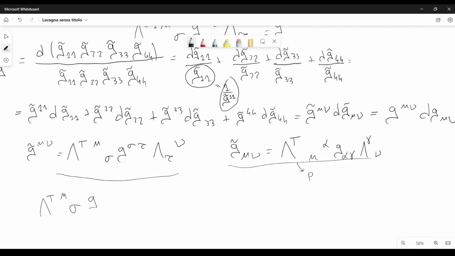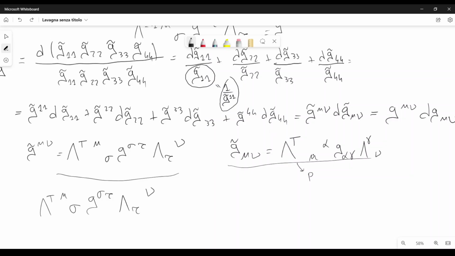Then I have g_{στ} Λ^{τν} and then I multiply by the differential of g̃. Now, when I consider the differential, I'm changing just by a small amount the coordinates.